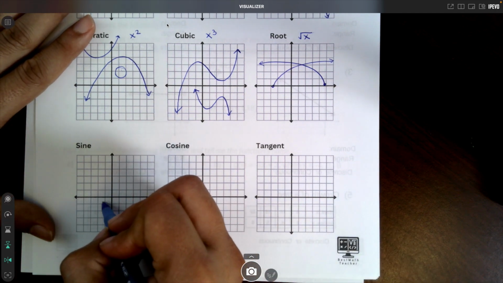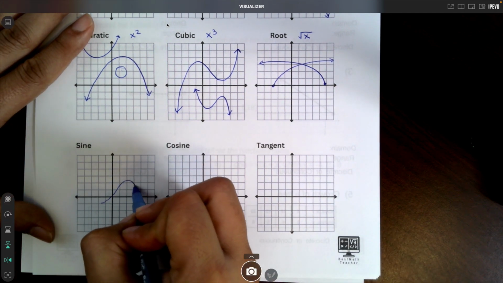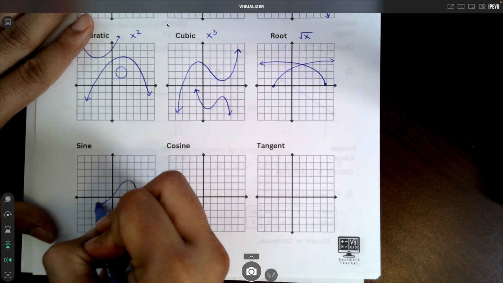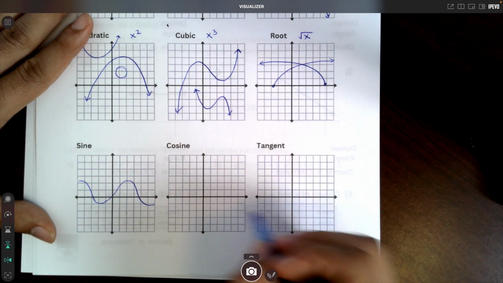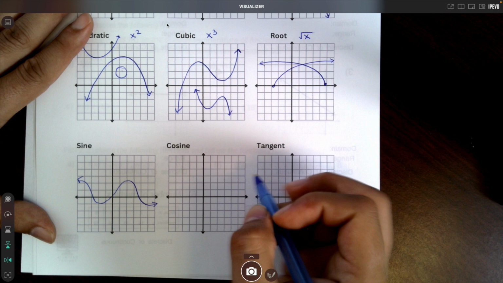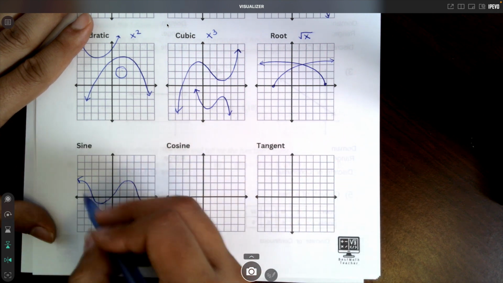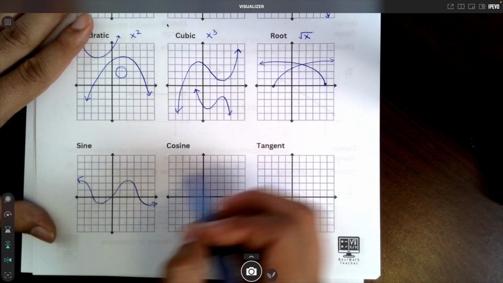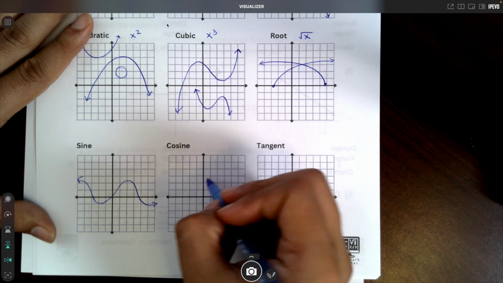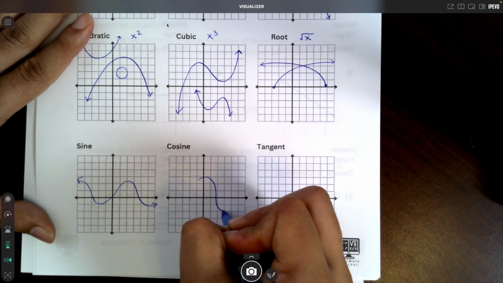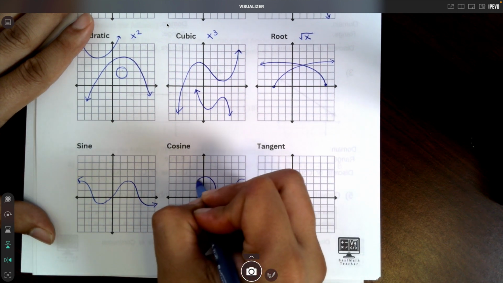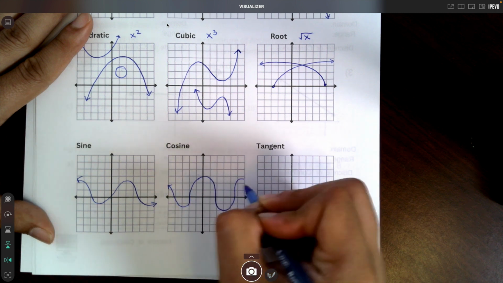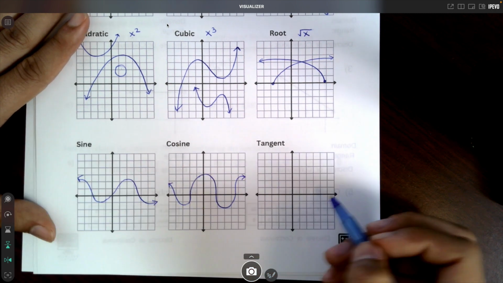A sine function is basically like a wave. A cosine is a wave just like this, but instead of starting at the bottom, it might start at the top or the bottom. Very similar to a sine wave.